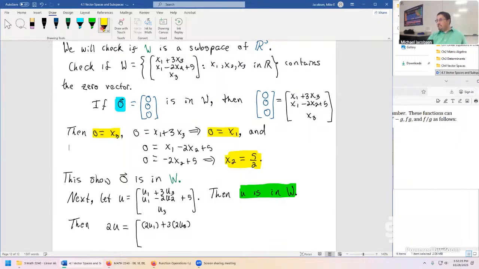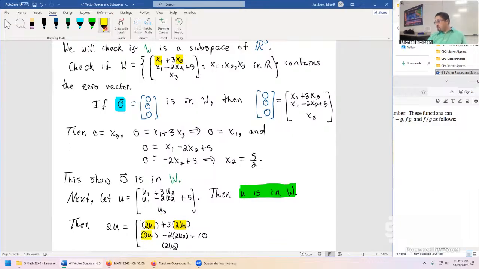The reason I'm being really particular in how I'm writing this is because I want to show that these elements match up to that algebraic form on how the set W was defined in the very first place. Let me reset the yellow so we can focus on that different spot. Scale by 2 through here, and we get 2U1 minus 2 times 2U2 plus 10. And then finally, it's going to be 2 times U3.